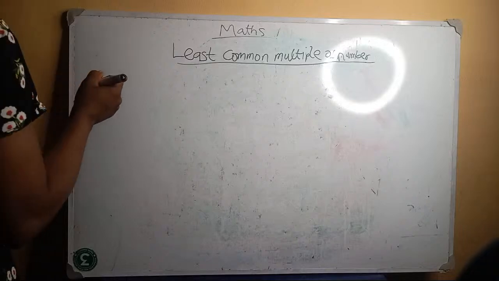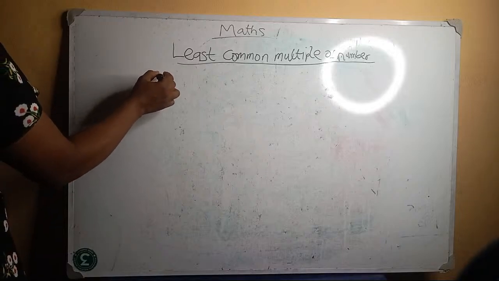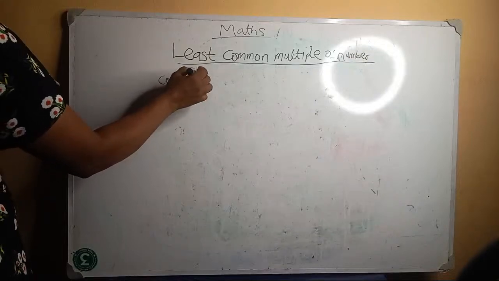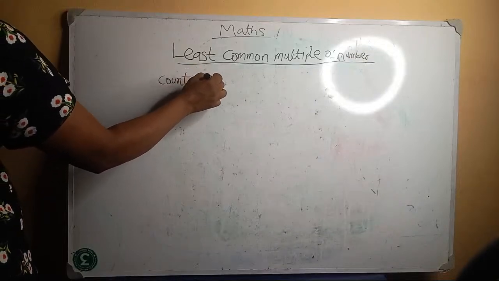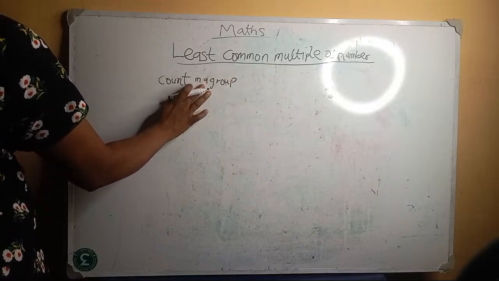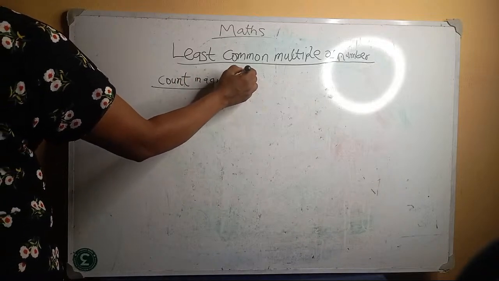Assuming I ask you to count in a group of two. When I ask you to count in a group of two, what would you do? So this is the two.